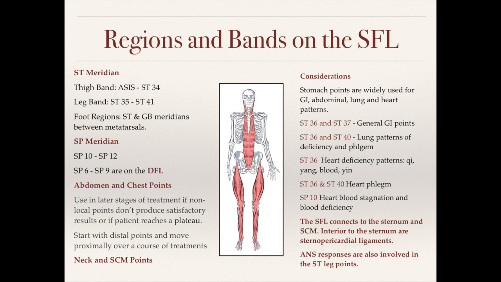So in some sense, if you're doing a point prescription like stomach 25 and stomach 36 and stomach 37, then you are doing a Daomo, but that third point being stomach 25 would not be located on the leg. What appears to be more useful clinically is to needle on the leg 3 points in close proximity when you're treating the stomach meridian.